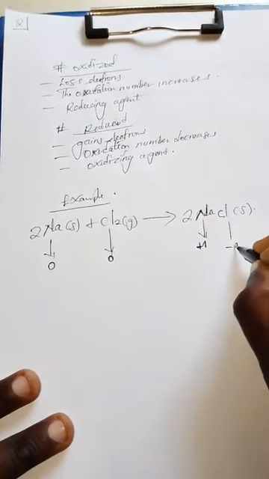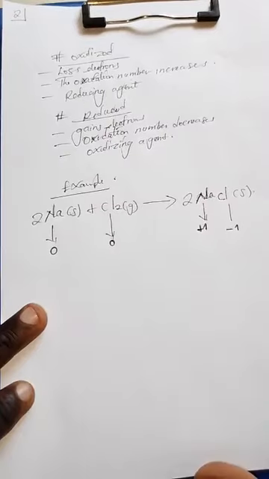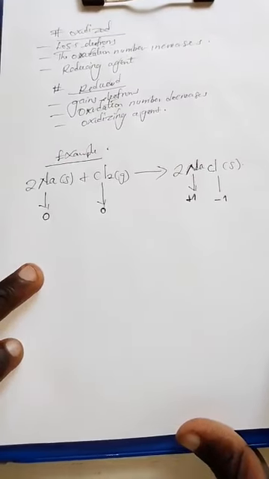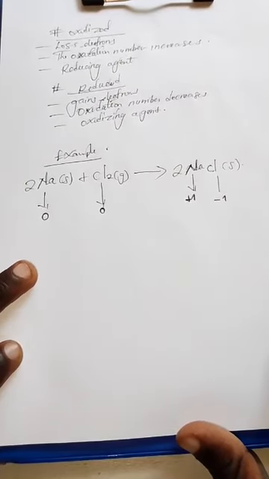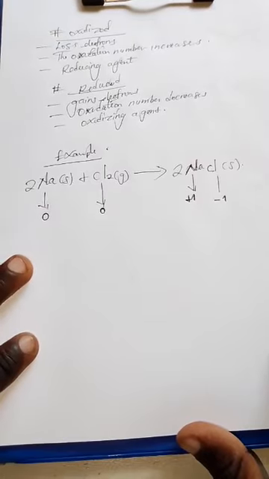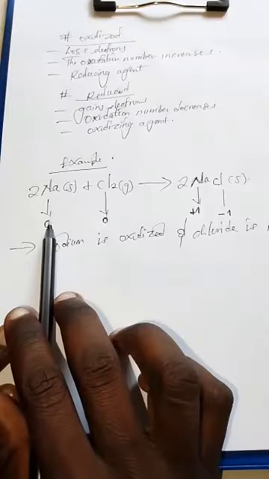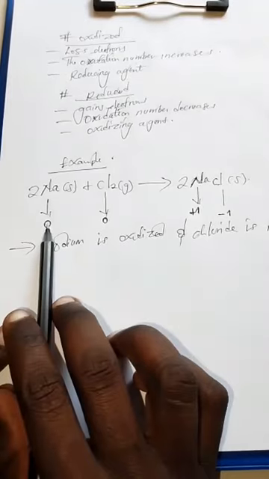So from here, we're going to say sodium is oxidized and chlorine is reduced. Let me explain. Sodium, why? Because initially the sodium had an oxidation number of 0. That's why we are saying it's oxidized.